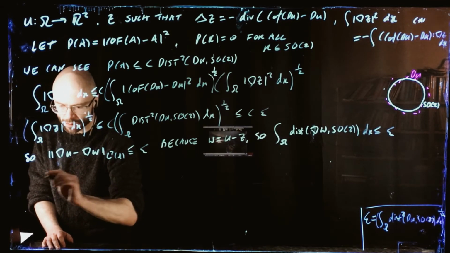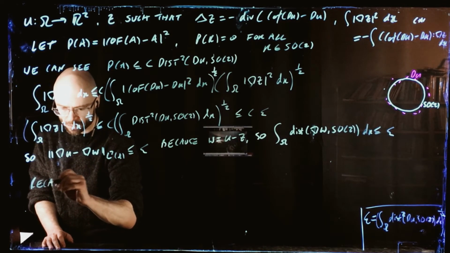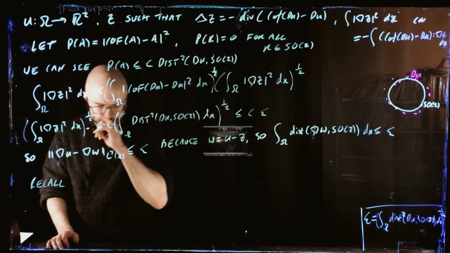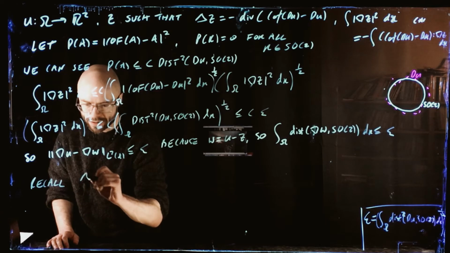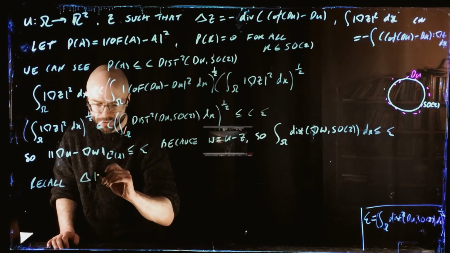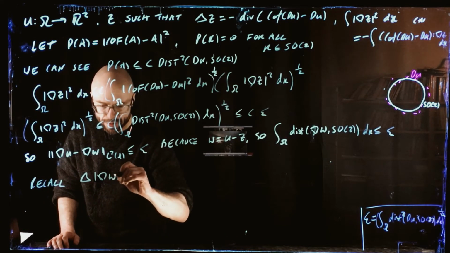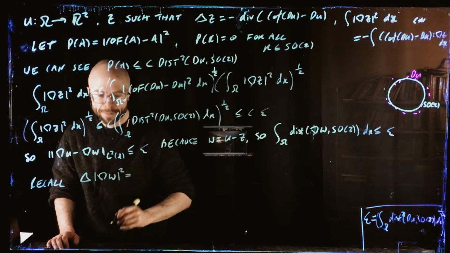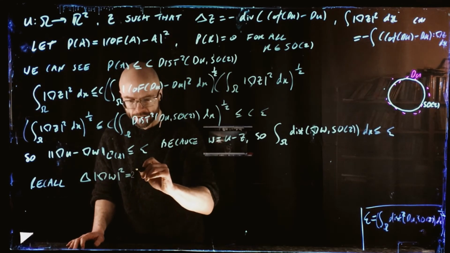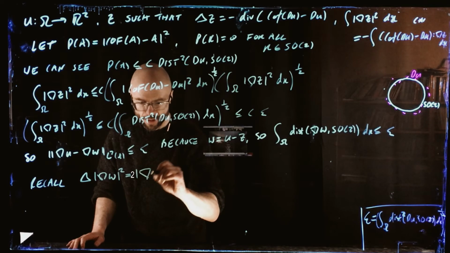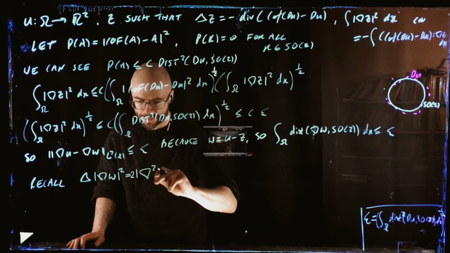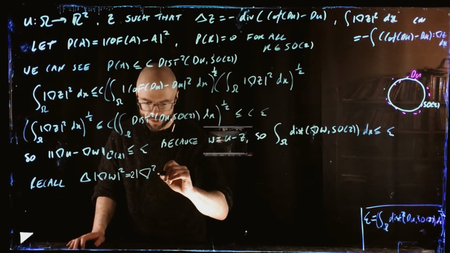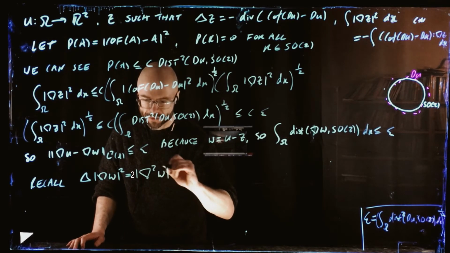So recall that when we took the Laplacian of the gradient of w squared, this thing was just equal to the second gradient of w, like this, just because it's harmonic.